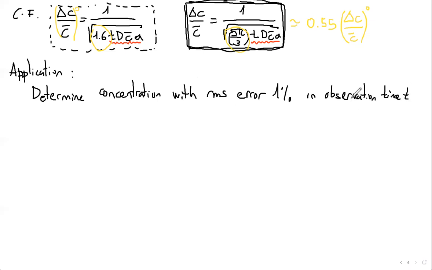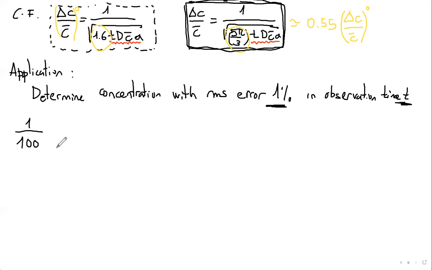t. Okay, so I'd like to know how long do I have to measure in order to get a concentration measurement of error 1%. Remember, 1% is delta C over C, 1 out of 100.